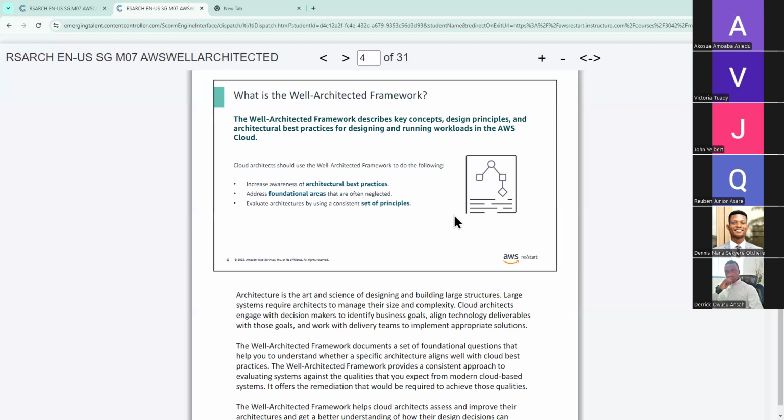And the well-architected framework, you should know the well-architected framework because it's going to guide you in the various domains while you operate inside the cloud. And so it's used to increase the awareness of architectural best practices. It's also used to address foundational areas that are often neglected. And you also use it to evaluate architectures by using a consistent set of principles.